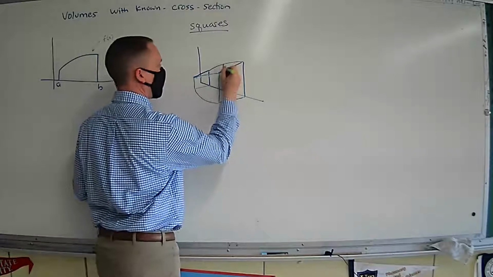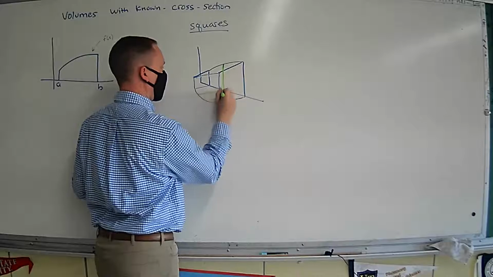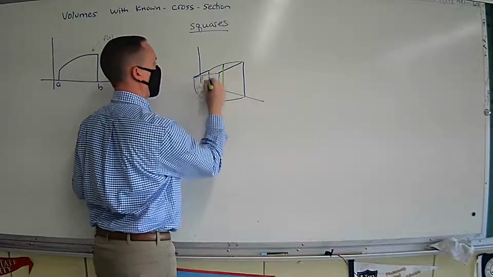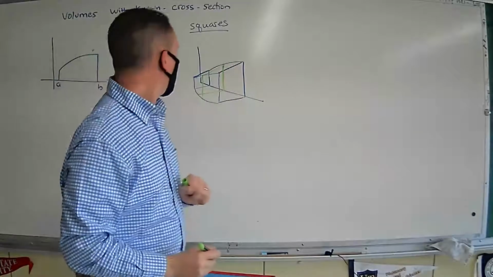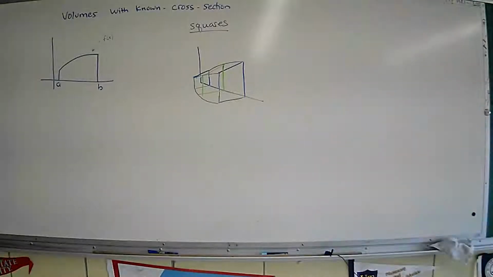These pieces are square slices, like a piece of Kraft Singles cheese. You know what I mean by that? You ever seen Kraft Singles cheese, American cheese? Like little squares.